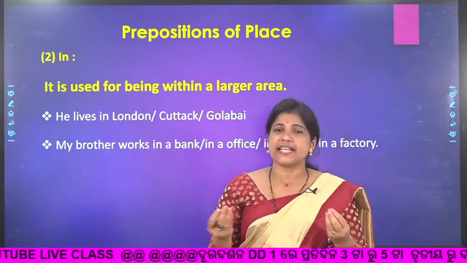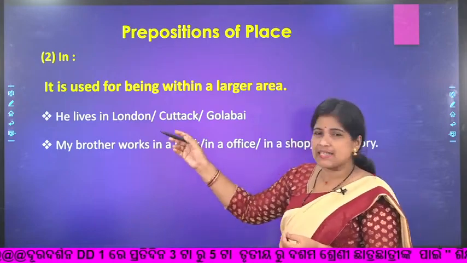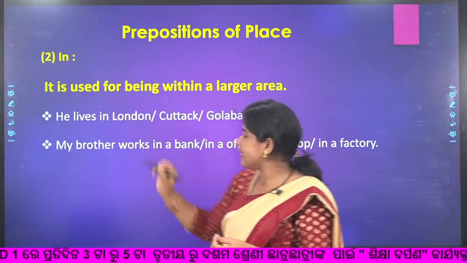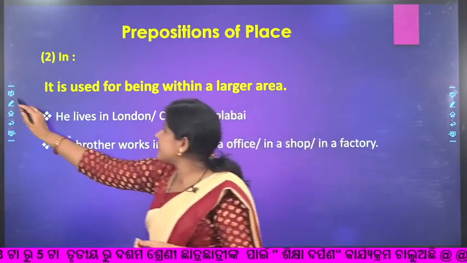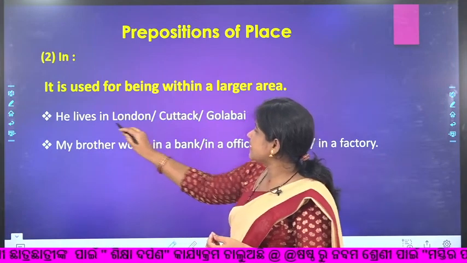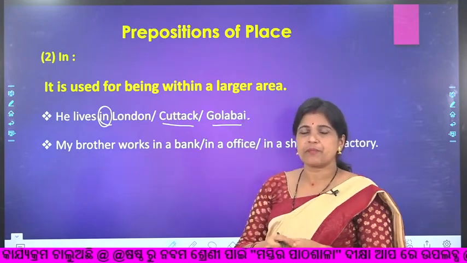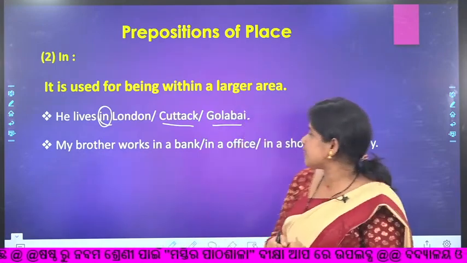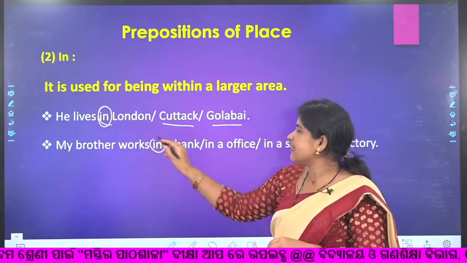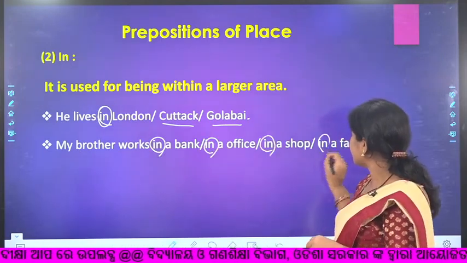When we want to indicate a larger space, larger area, we use in. For example, he lives in London, or Cuttack, or any particular place you can mention. Then my brother works in a bank, in an office, in a shop or in a factory.